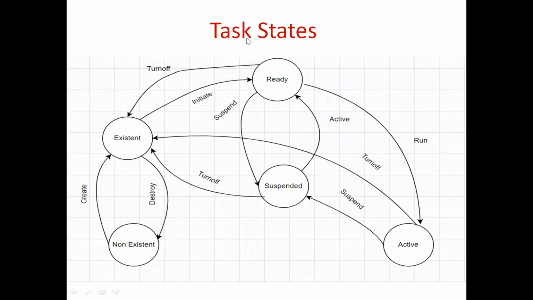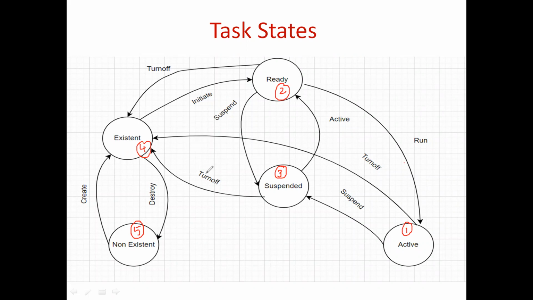What are the 5 states? First you have the active state and ready state, suspended state, existent state, and non-existent state. Any task will be in one of the 5 states.